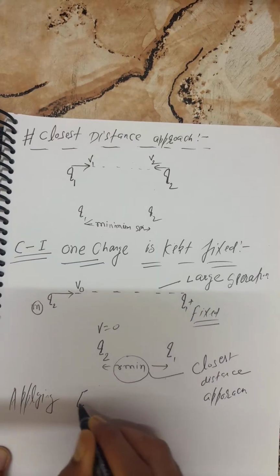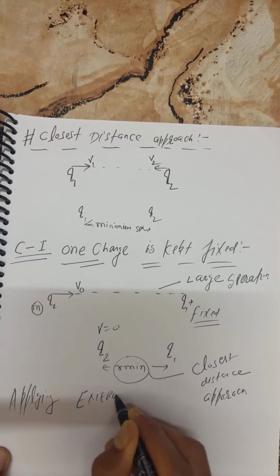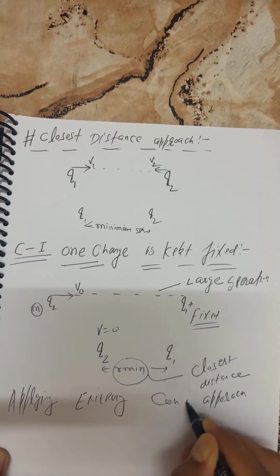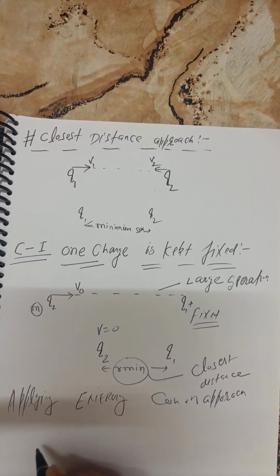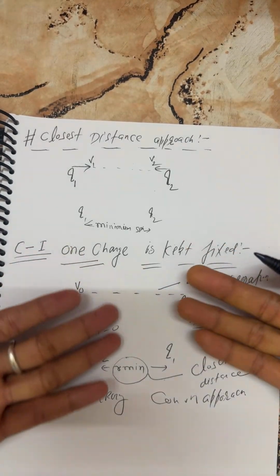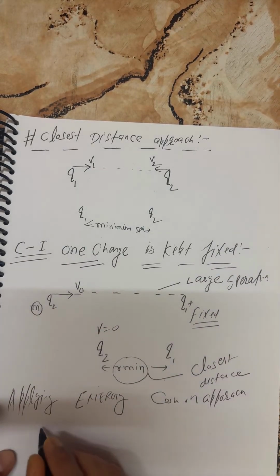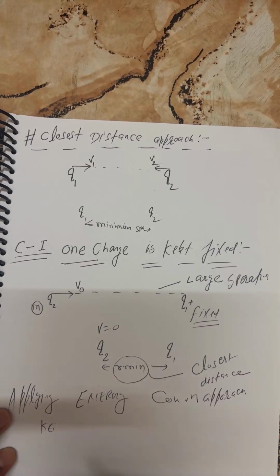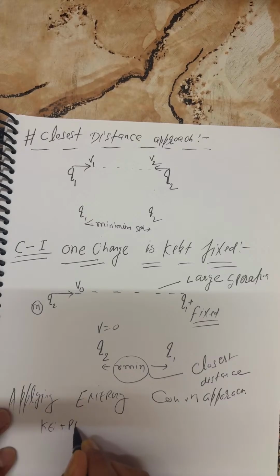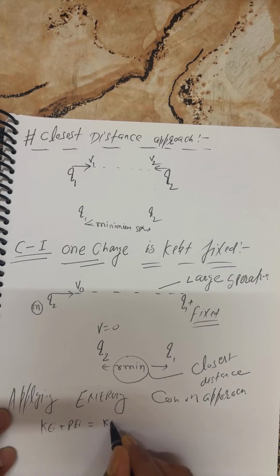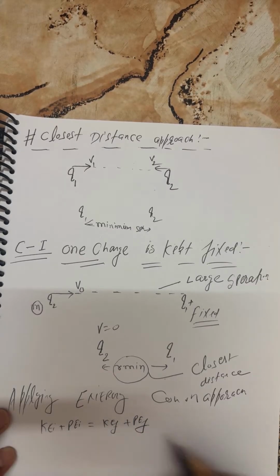Entire year we have only conservative forces, so this is what you can apply: initial kinetic energy plus initial potential energy is equal to final kinetic energy plus final potential energy. Simple.